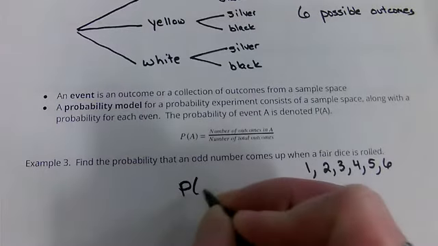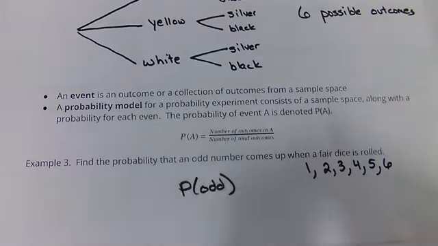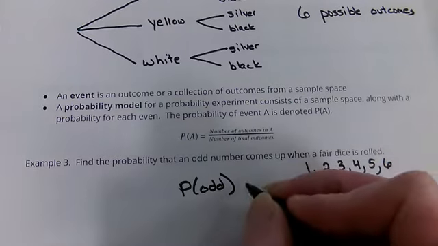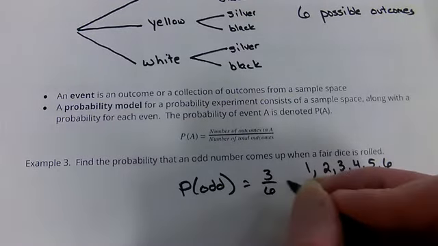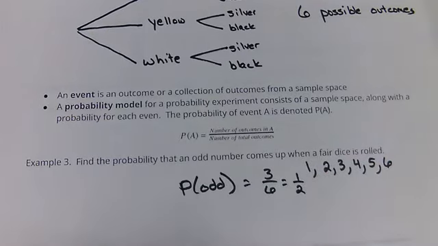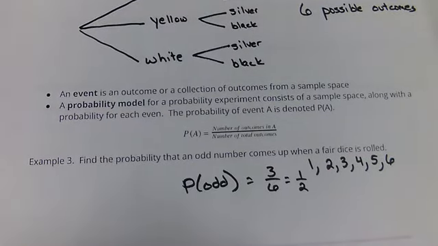The probability of getting odd would be 3 out of 6, or you could write it as 1/2. So simple probabilities are fairly easy. You just count up how many ways it could happen divided by the total possible.